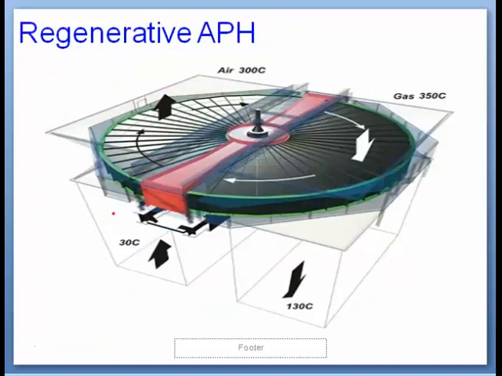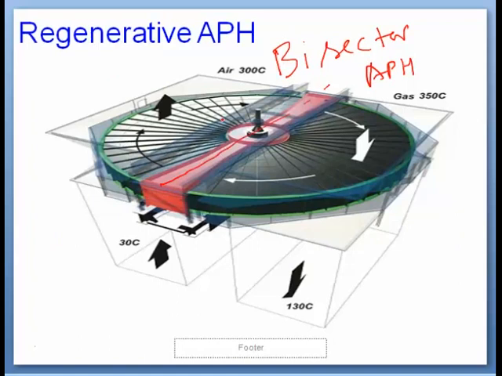So this is a picture of the bisector type of air preheater, the bisector APH. So you can see there are only two segments, one for hot flue gas, one for either primary or secondary air.